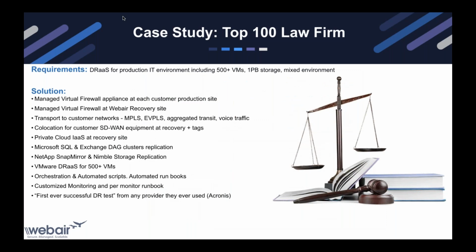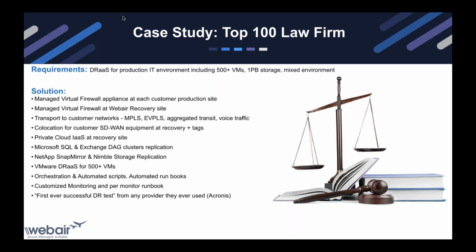I'll show you two quick case studies. Here's a DR implementation that we did for one of the top 100 law firms in the world. Again, not cookie cutter. It was replication with a data mover like Veeam, for hundreds of VMs and petabytes of data. But then there's a lot more to proper DR. It was co-location at the DR site for some legacy platforms.